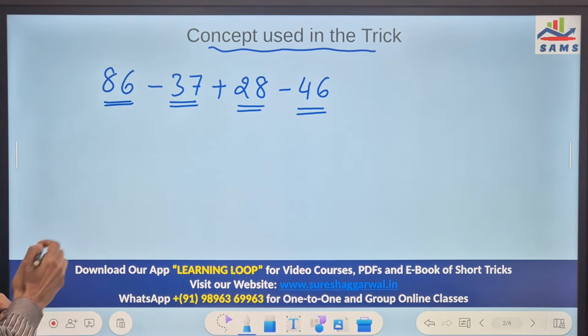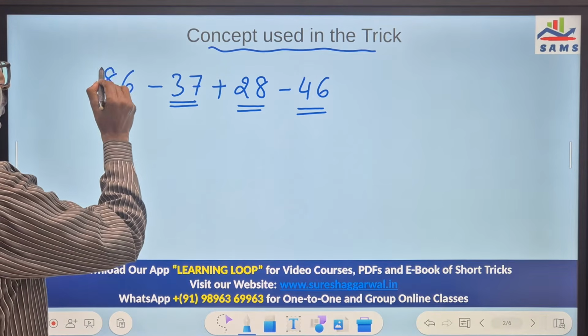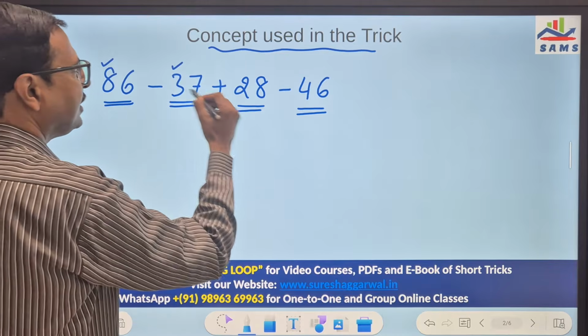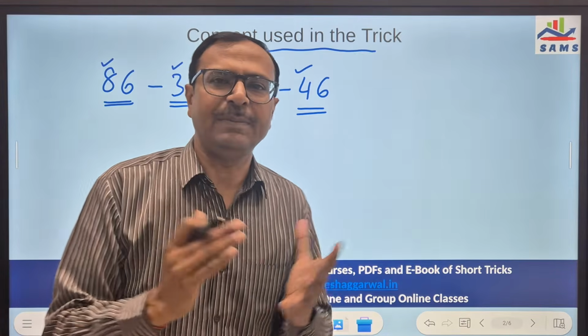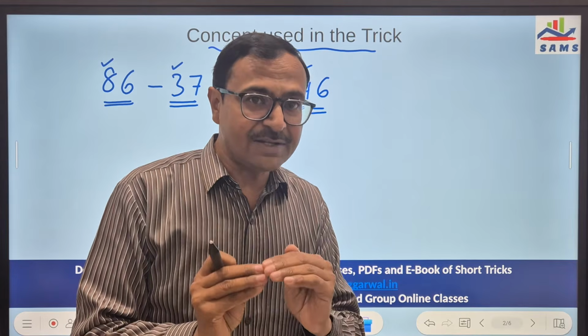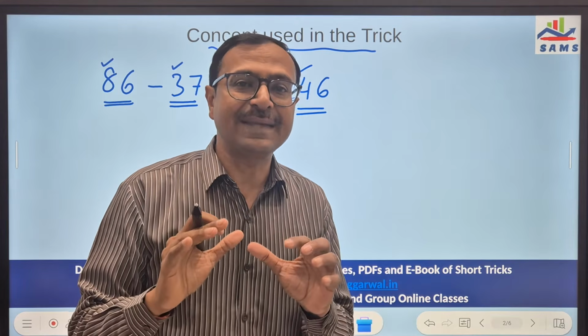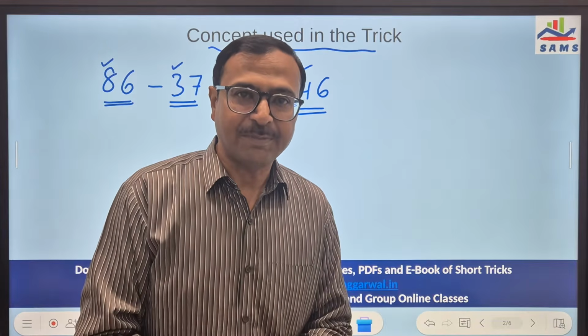So here you can see, if I consider only the first digit 8, 3, 2 and 4, I can add and subtract them so easily, because adding and subtracting single digit numbers is far more easier than double digit or triple digit numbers, right?